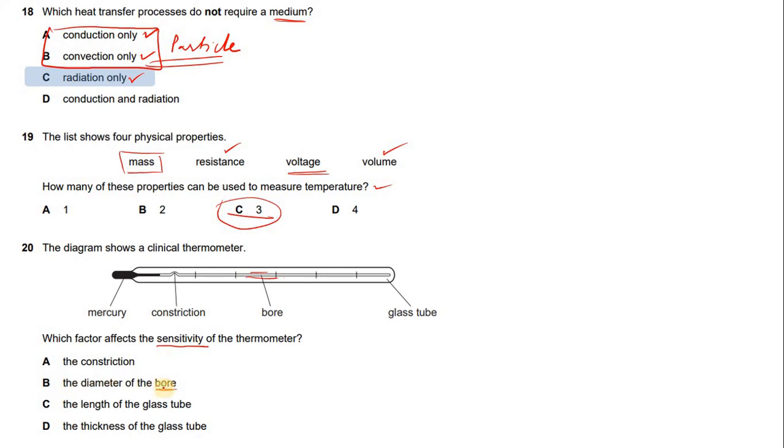So the diameter of the bore affects the sensitivity. So option is B. Constriction is about stopping the falling of the thread inside, so there's nothing to do with sensitivity. Length of the glass tube is all about the range. And thickness of the glass tube, again, has nothing to do with sensitivity. Sensitivity all depends upon the inner thickness of the bore or the capillary. So option is B.